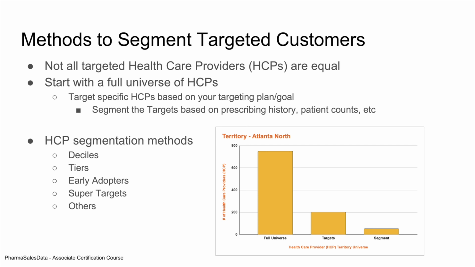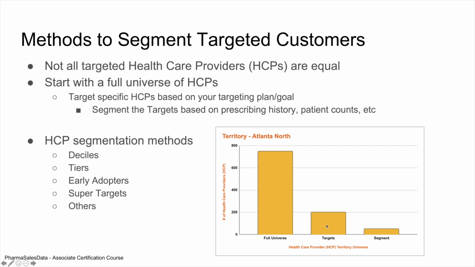If the representative is, we'll use our same example as before, promoting an irritable bowel syndrome drug for men and women, or just women over the age of 40, you're not going to call on veterinarians, psychiatrists, pediatricians. You wouldn't do that. So you take the full universe and you bring it down to a target.